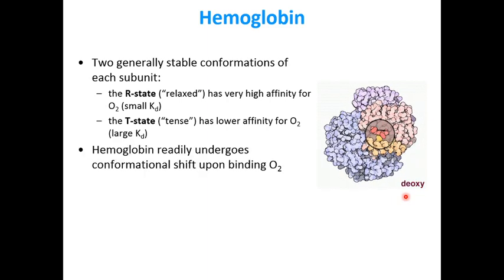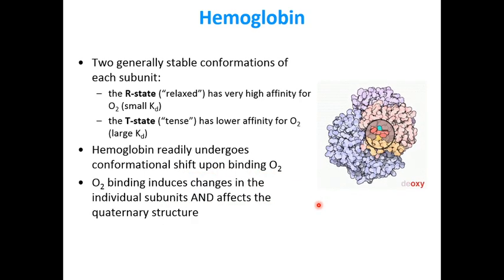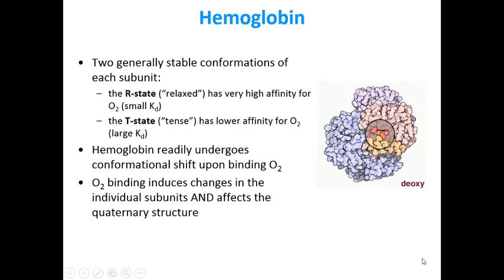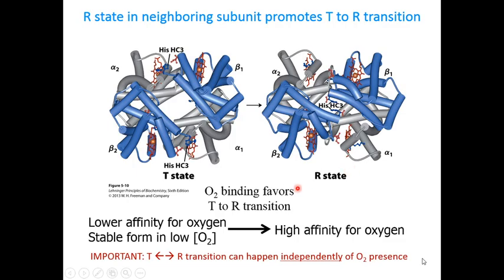Also, hemoglobin readily undergoes conformational shift upon oxygen binding, and oxygen binding induces changes in the individual subunits and affects the quaternary structure. Now, the binding of oxygen to a hemoglobin subunit, either alpha or beta, in the T state triggers a change in conformation to the R state.